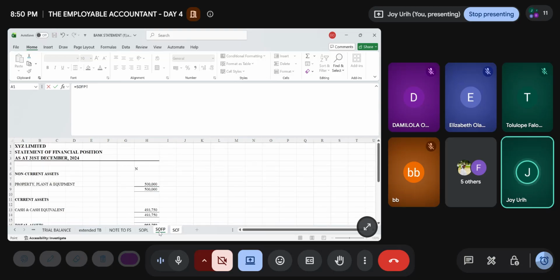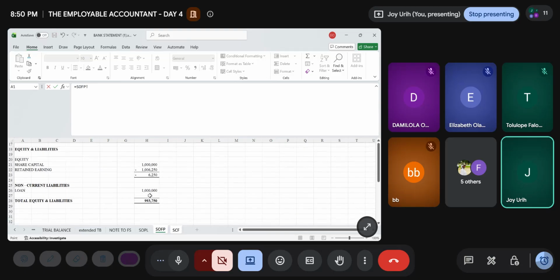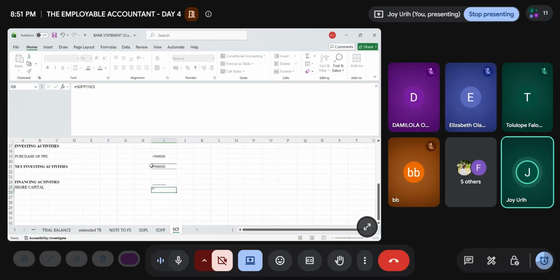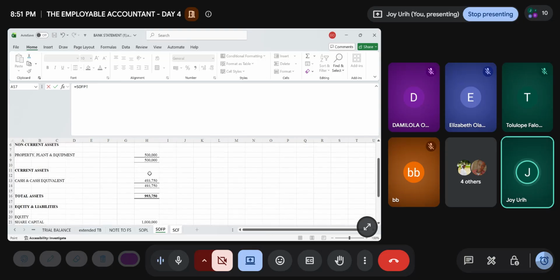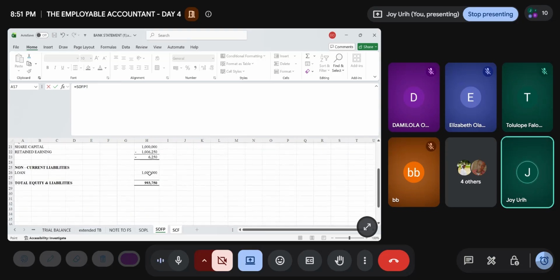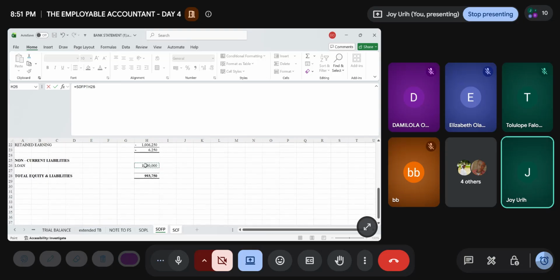Money is coming in, so it's an addition. We are going to pick it and it's going to be added. The next financing activity is the loan we borrowed, and it is also an addition.